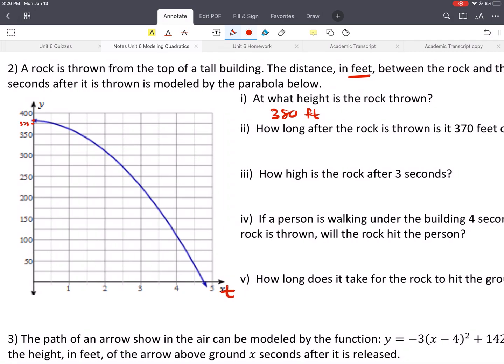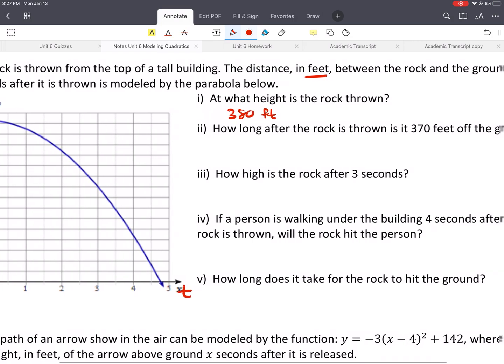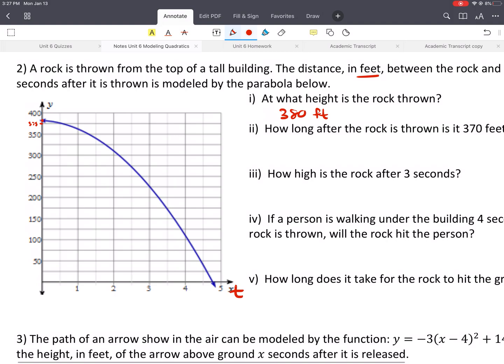How long after the rock is thrown is it 370 feet off the ground? So 370, that would be, I don't know, maybe like right here.